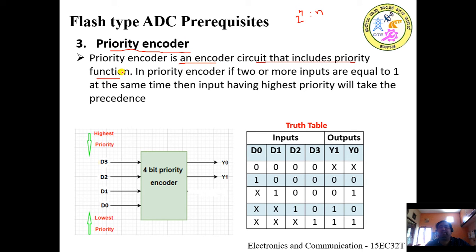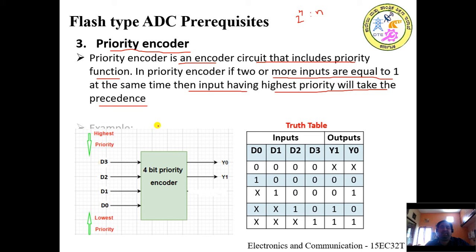A normal encoder doesn't have a priority function in it, but a priority encoder imbibes a priority function in it. In a priority encoder, if 2 or more inputs are at logic 1 state at the same time, the input having the highest priority will take precedence.